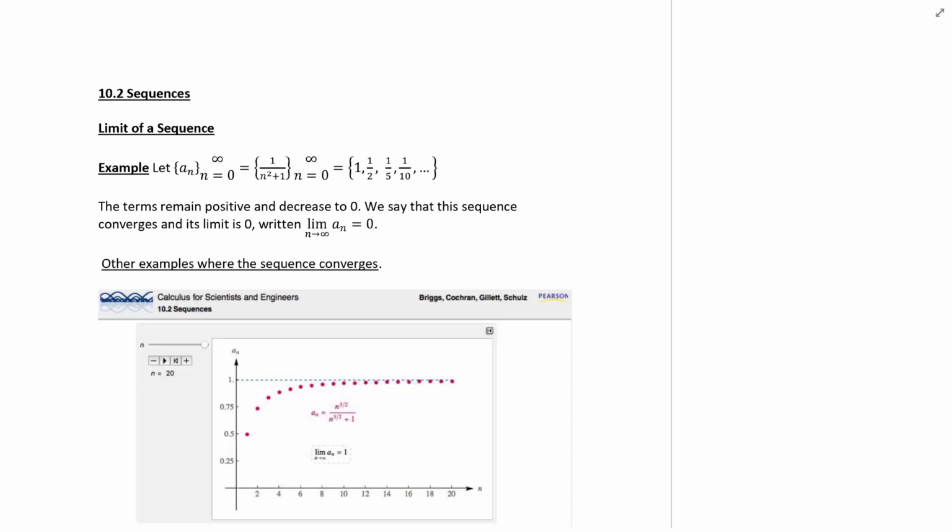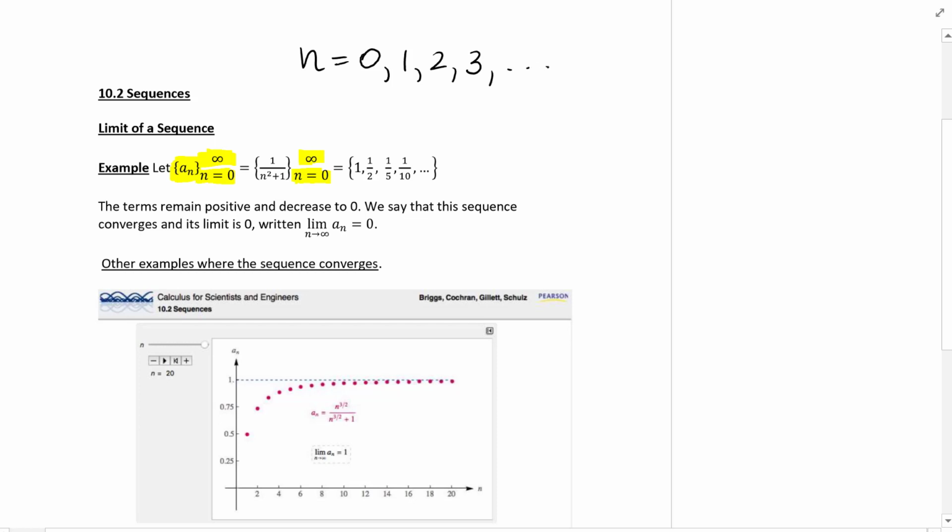In this video, we'll talk about sequences, more precisely limits of sequences. So we have this example where a sequence is written as {a sub n} in between curly brackets, when n equals 0 to infinity. And a sub n is given by 1 over n squared plus 1, where n is 0, 1, 2, 3, and so on.